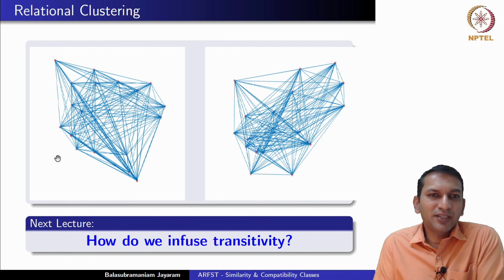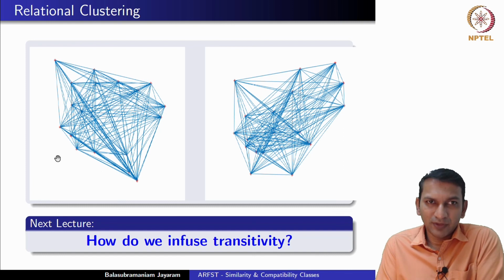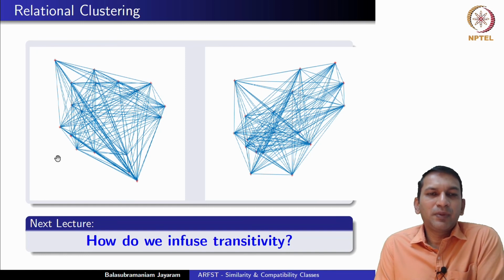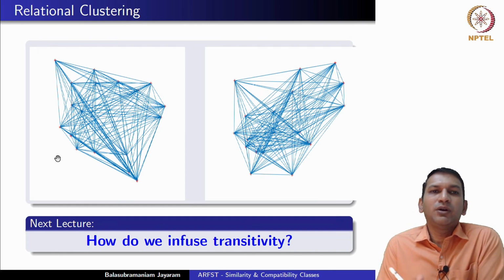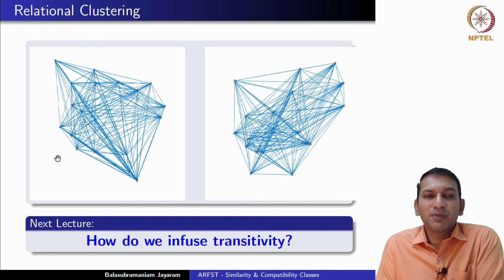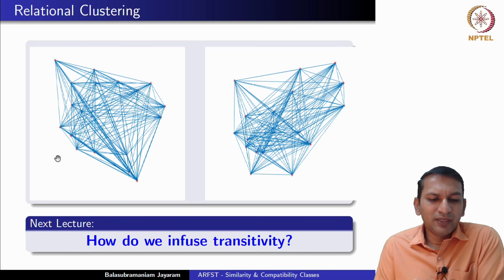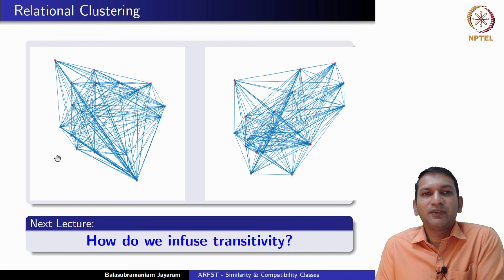In fact, in the next lecture, we will touch upon this, how hierarchical clustering can be looked at as relational clustering using fuzzy equivalence relations or similarity relations. Hence, transitivity plays a vital role when you want to do some basic data analysis given a set X of objects. So in the next lecture, we will discuss how to infuse transitivity into given fuzzy relation.